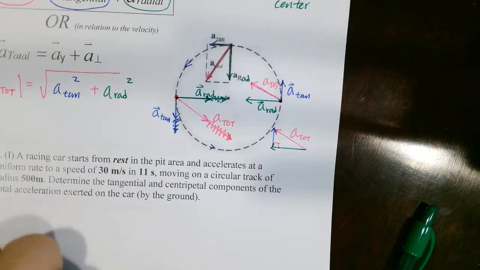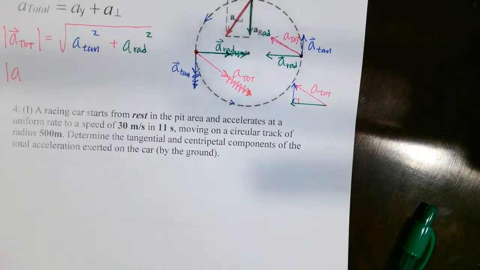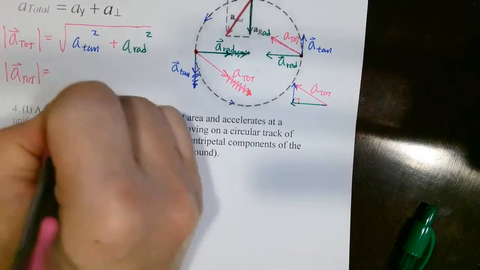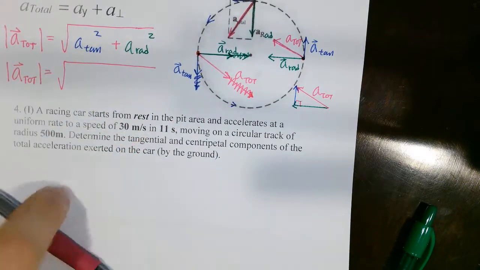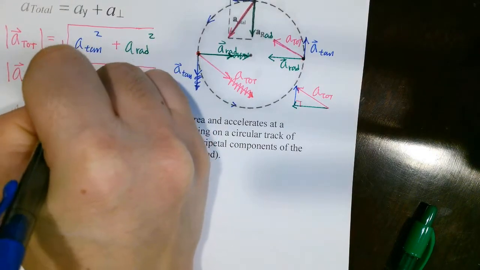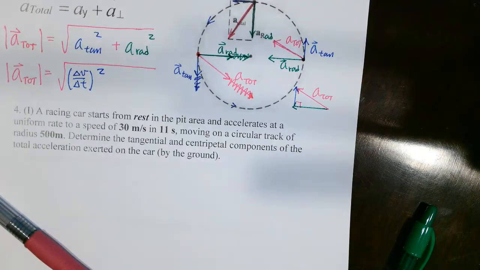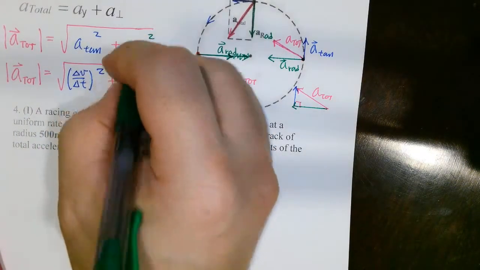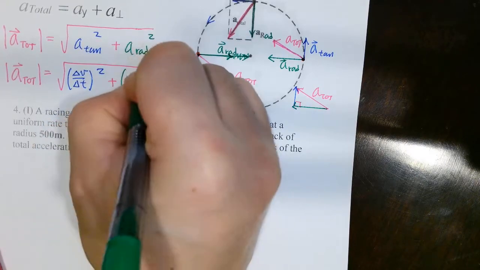So the magnitude of the A total is equal to the square root of A tangential, which we know is delta V over delta T, and we have to square that, plus A radial, which we know is V squared over R, quantity squared.